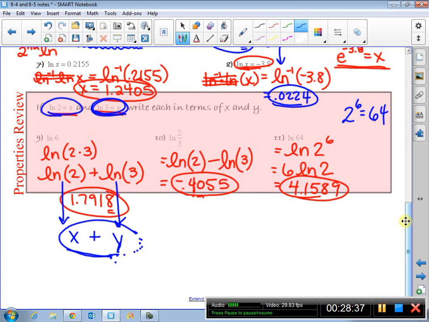Number 10, ln of 2 is x, ln of 3 is y, so this is x minus y. And number 11, we have 6 times the ln of 2, which is x. There you go. We did them two ways. We did it better. See you tomorrow.